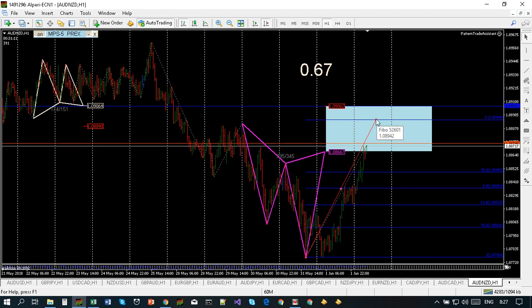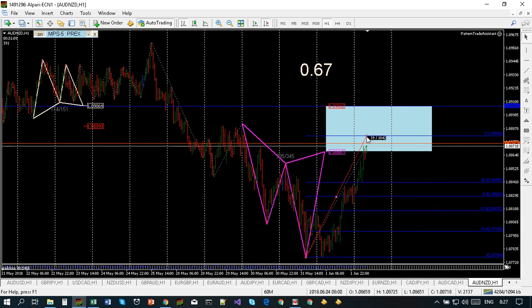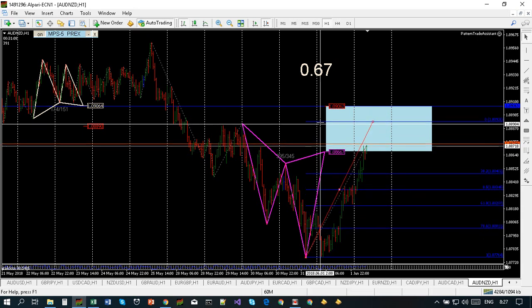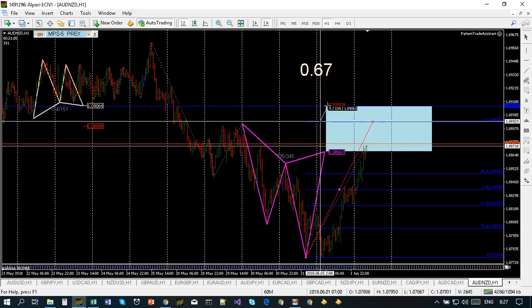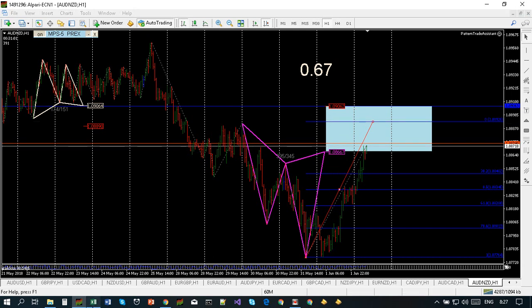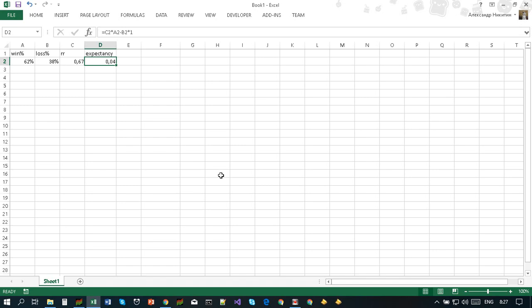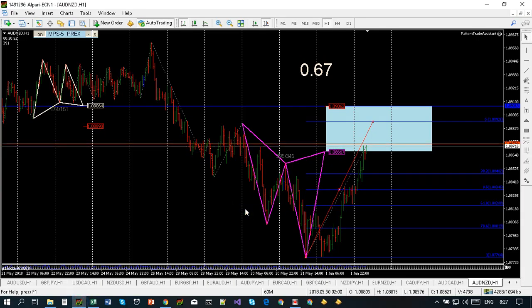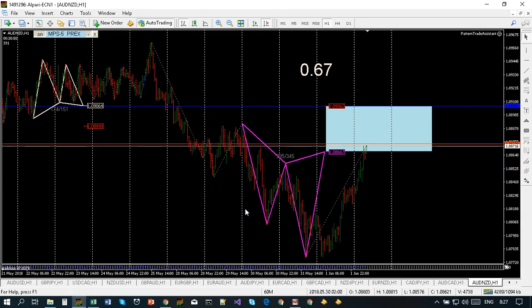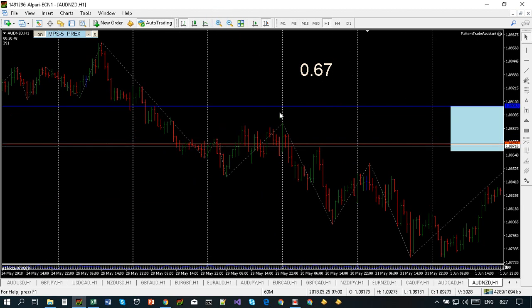And second, if I enter higher, consistently enter higher, I am limiting my loss compared to my reward. Okay, so based on this technique, I will tell you how I exactly execute my trades. Based on this stuff, I came to this conclusion.